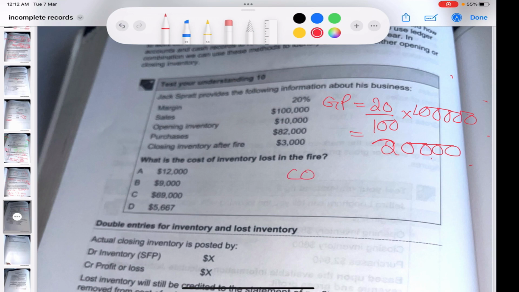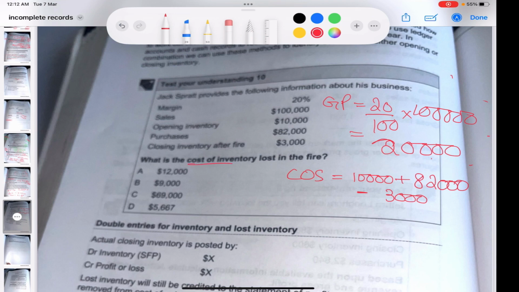Find the cost of sales. Opening stock plus net purchases minus closing stock. How much is that? 89,000.